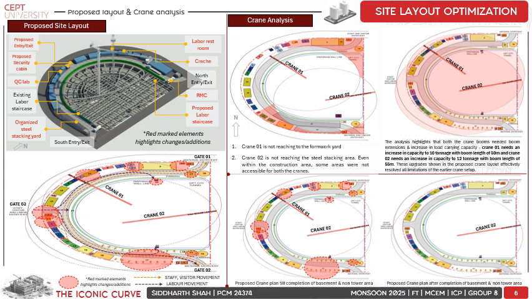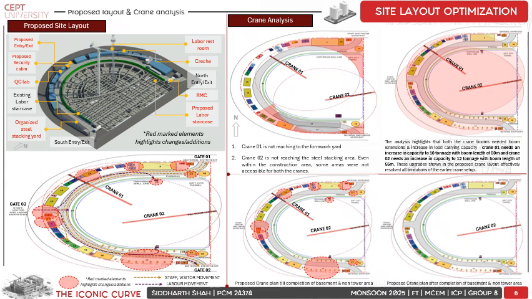Crane 1 needs an increase in capacity to 10 tonnage with a boom length of 50 meter, and crane 2 needs an increase in capacity to 12 tonnage with a boom length of 55 meter. These upgrades, shown in the proposed crane layout on the right side, resolve all the limitations of the earlier crane setup.